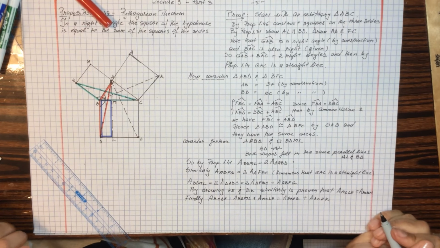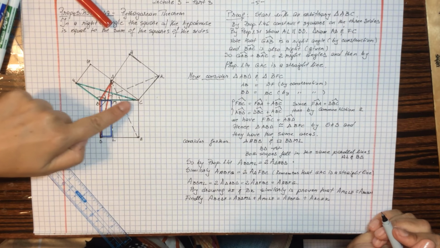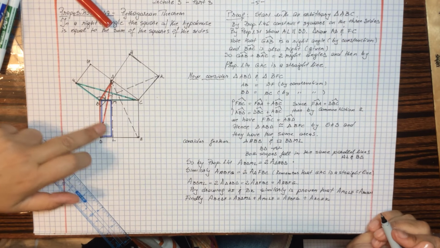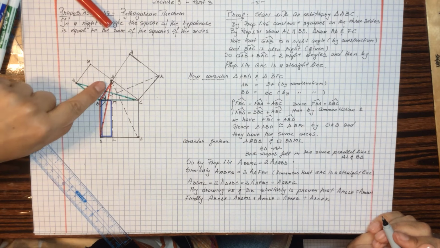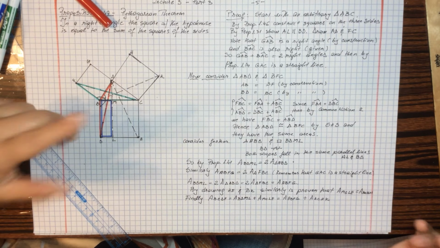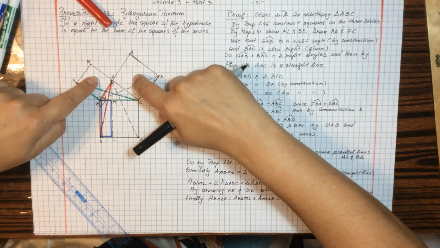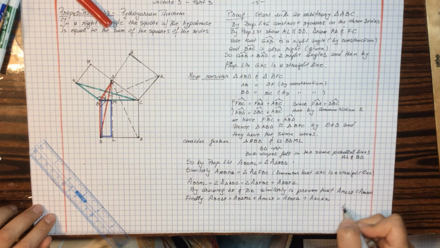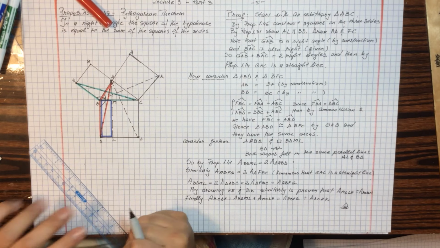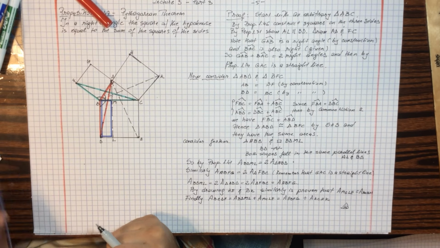And that actually concludes the proof. You're showing that the square of a hypotenuse, which is the same as the area of this square, is equal to the sum of the squares of the sides, which is the same as saying it is equal to the sum of the areas of these two squares here. And then we are actually done with the proof.